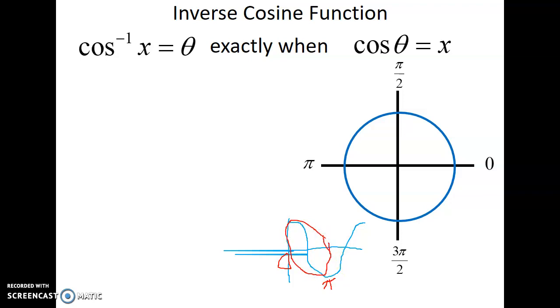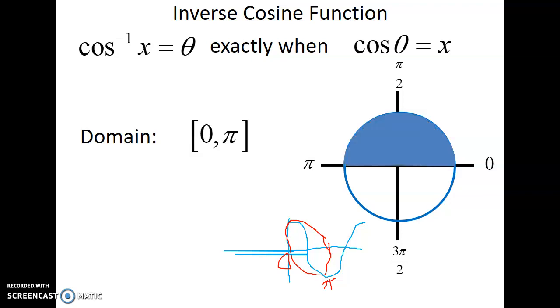So our domain for these inverse cosine functions is just the top of the unit circle, from 0 to pi. Notice they're brackets because you can include 0 and pi in your answers. It's going to come up later as a problem for tangent, but we'll get to that when we get to tangent. You can only use the parts before they start repeating themselves, which is why we can only use from 0 to pi. After pi, the y values of this graph start repeating themselves, and we can't have that.